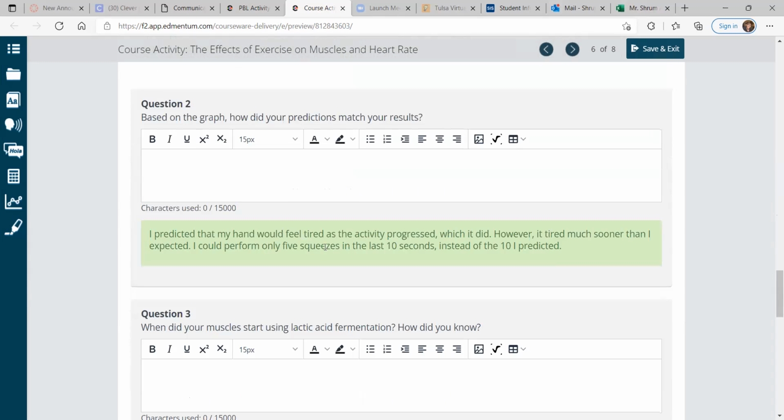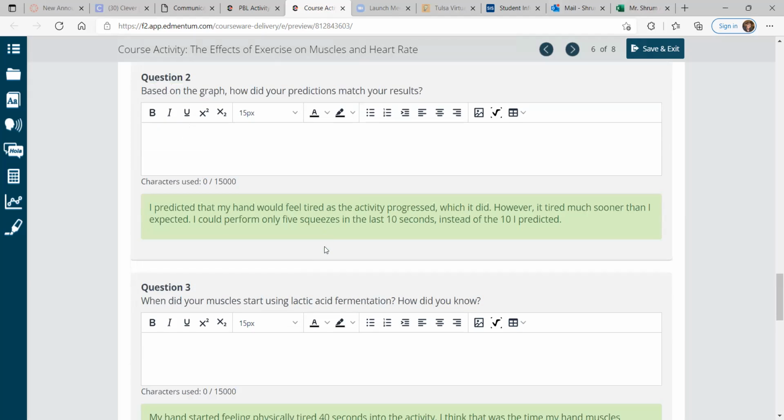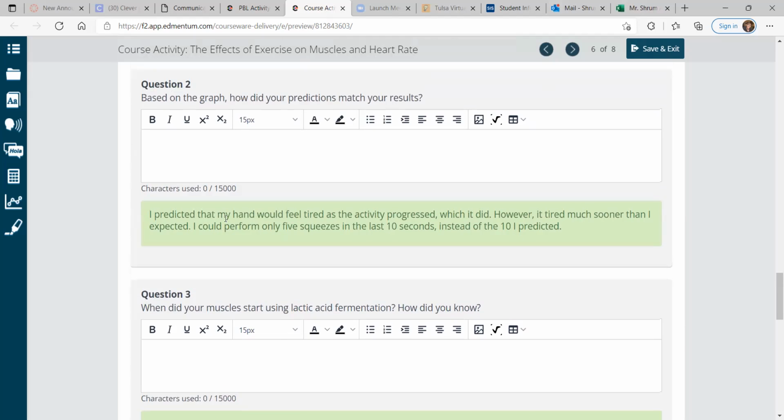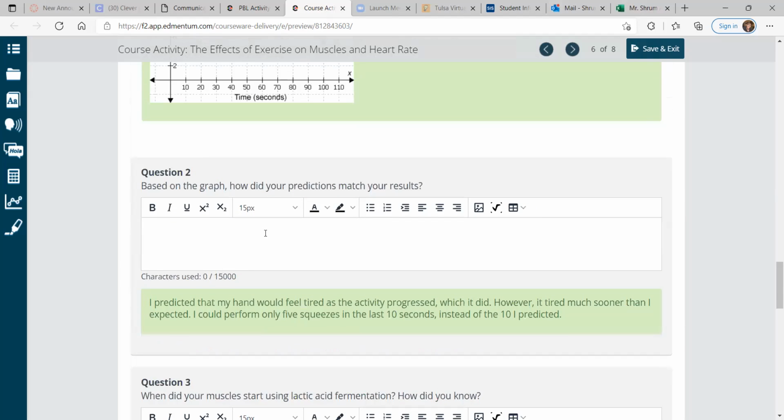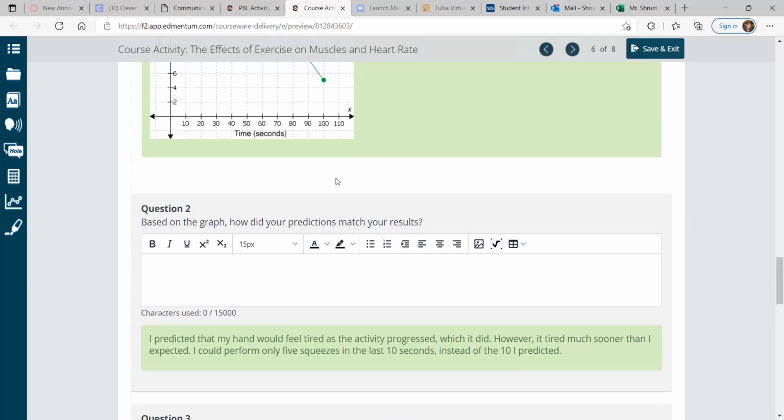And then you want to measure your predictions against your results. How accurate were your predictions? And this person predicted 10 seconds. The last 10 seconds, they could do 10 squeezes, but they were only able to get 5.